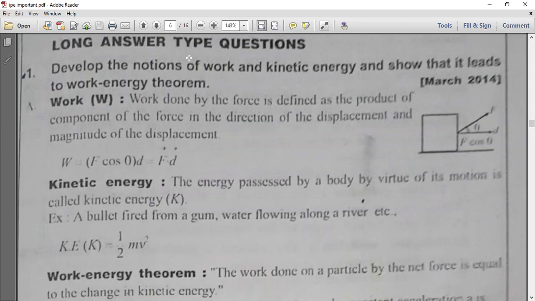See here, this is the question. Develop the notions of work and kinetic energy and show that it leads to the work energy theorem. So first, what you have to do is write the definition of work.